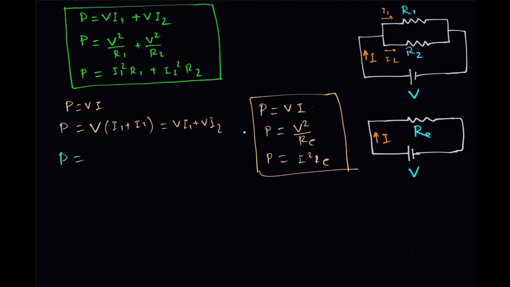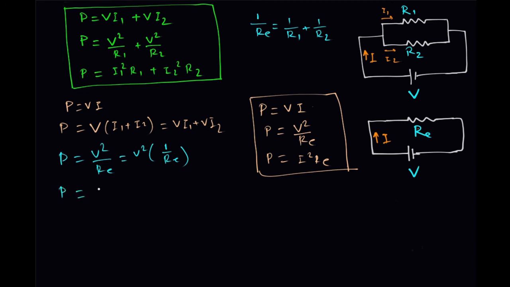P is equal to V square divided by Re. Re is the equivalent of these two resistances, which we can write like this: 1 divided by Re is equal to 1 divided by R1 plus 1 divided by R2. So in place of 1 by Re, we can substitute this.